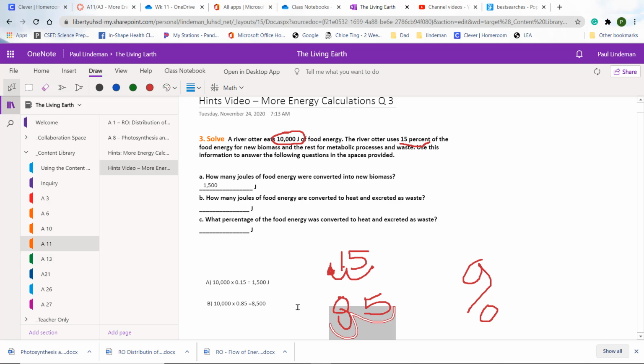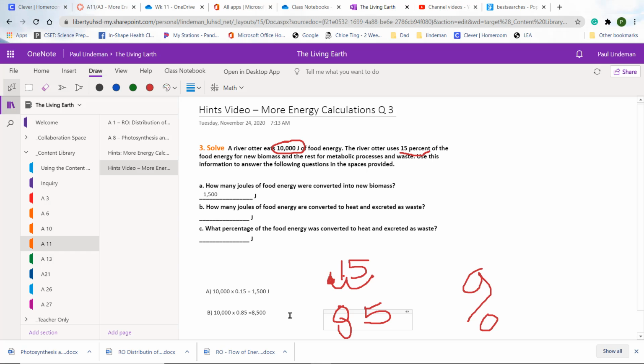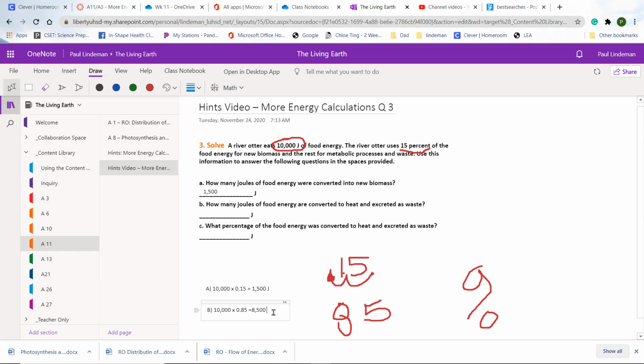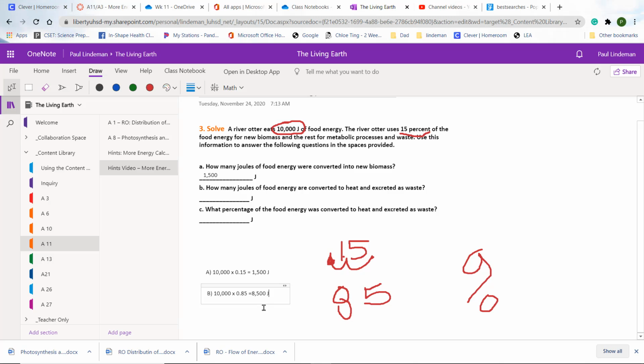Now, some of you have already probably noticed that 8,500 and 1,500 equals 10,000 because energy is conserved. So some energy is used, some of it is wasted, but adding them together will equal that. So an easy way to do the problem would be, hey, if this is what I used, then all I have to do is subtract, and I can get the same answer.